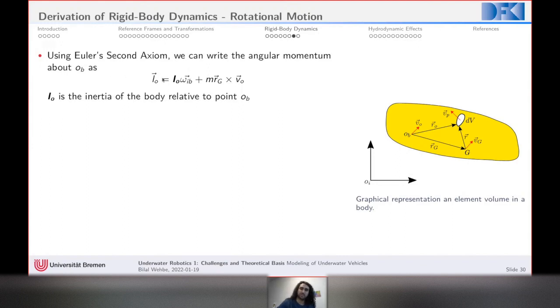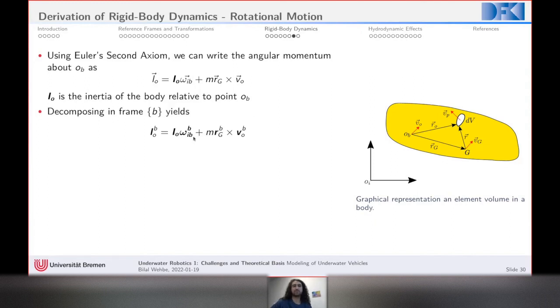That is going to be the moment of inertia about this point multiplied by the angular velocity, plus, since we are trying to derive this angular momentum not with respect to the center of gravity, the vector Rg, which is the center of gravity, cross product with this velocity vector V0. That is what we did first. So this relation holds in any frame.